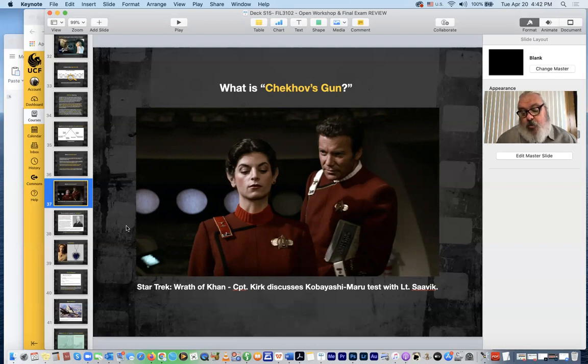He fools Khan into thinking one thing, and then he springs his trap, and they move forward in the story. And we have this interesting new dimension about Kirk that we never thought about before.